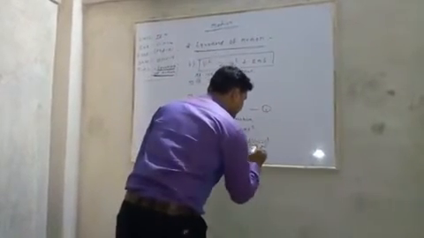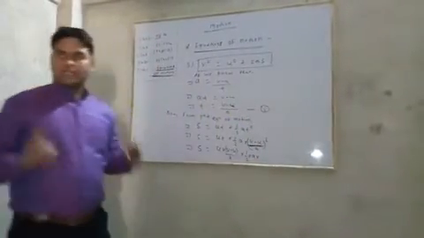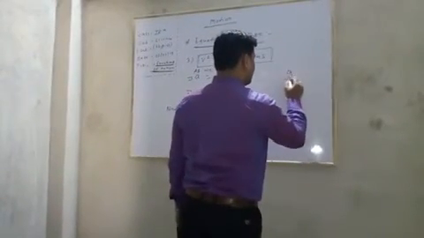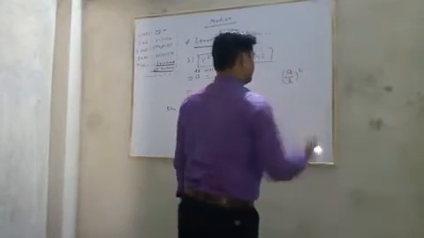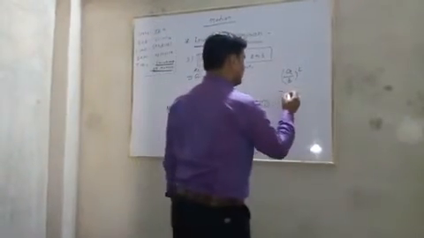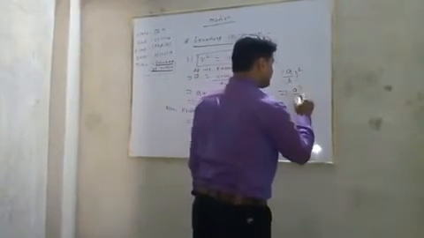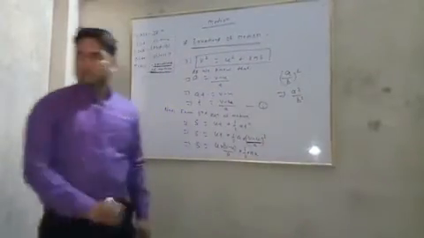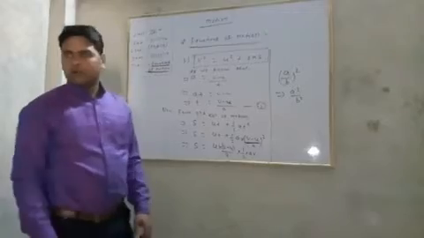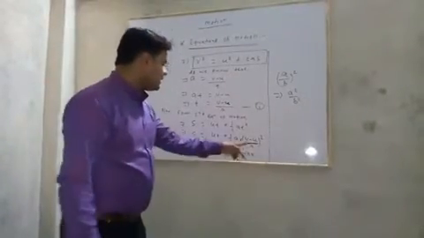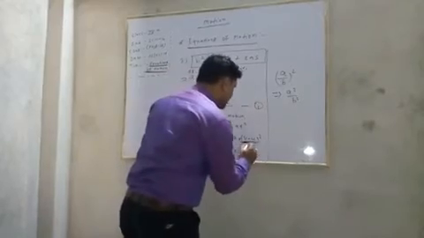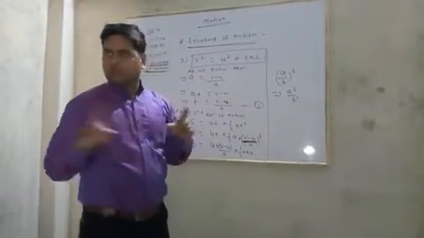Now here (v minus u by a), as we have put it in the exponent, (a by b) whole square we can write separately as a square by b square. So here (v minus u by a) whole square, then v minus u separate and a separate, we can square it separately.